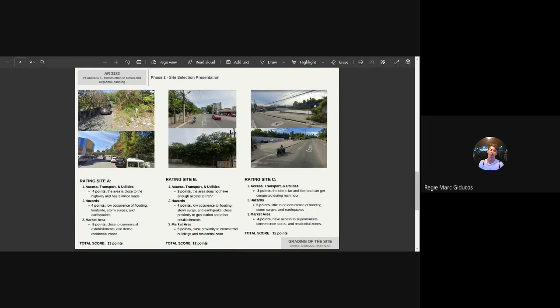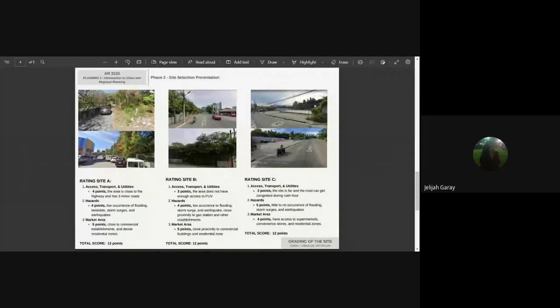The following site, its access to transport and utilities has only 3 points, because the area does not have enough access to PUV and PUJ, but it has a bus stop, but the bus comes once in a while.